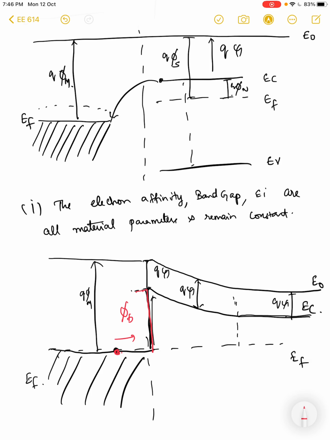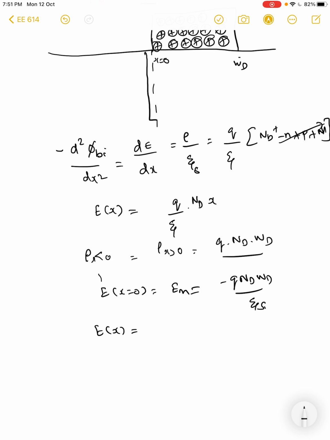And if we have something like this, we can write our electric field as q nd x by epsilon minus q nd wd by epsilon s, and we can write our built-in potential again as another integral of the same thing, which will turn out to be minus q nd by epsilon s wd x minus x square by 2.